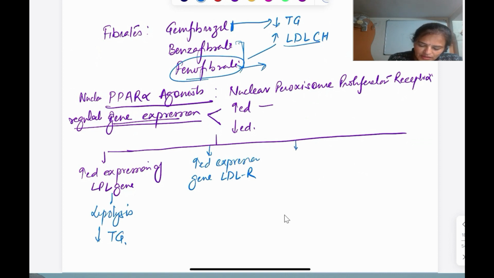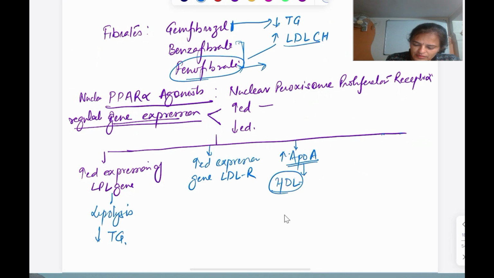Then number three, it also increases the expression of the gene which regulates ApoA synthesis. ApoA is the apoprotein associated with high density lipoprotein. This is a protective one; it removes cholesterol from the peripheral tissue.